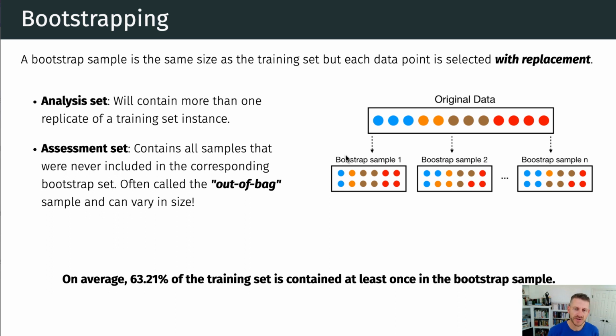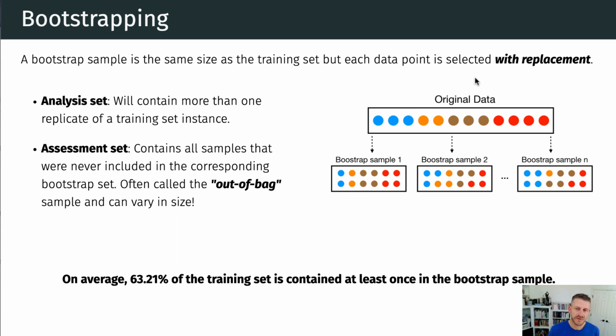And any of those observations that were not sampled from the original data, we end up calling an out-of-bag sample, right? Those are all the observations not included in the bootstrap sample, and those are the observations that we'll actually test our model's performance on. And we just do this process however many times. Typically, again, 5 or 10 times is very common.